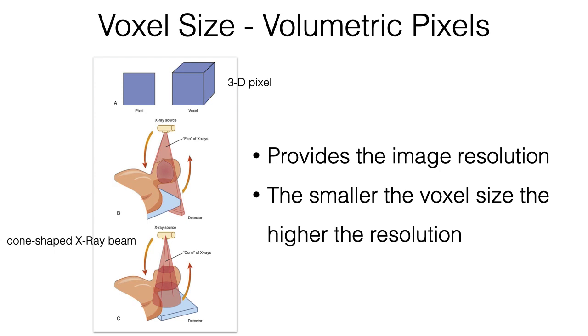Of course, this is how the images are going to be built, but also the voxel will provide the image resolution. And in endodontics, we want small voxel sizes. The smaller the voxel size, the higher the resolution.